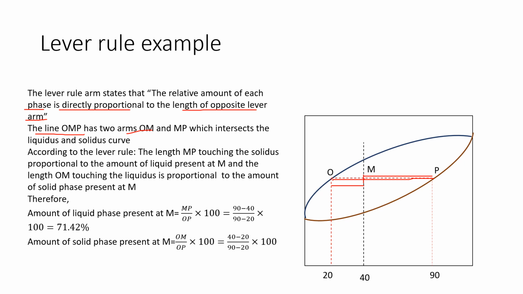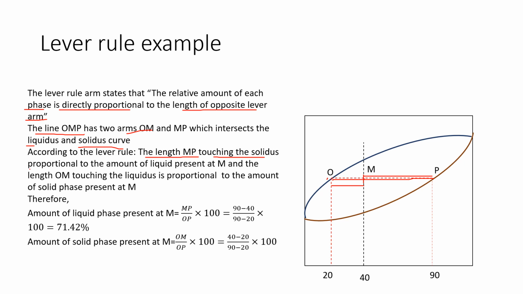The middle point M is the fulcrum between these two segments. The line intersects the liquidus curve at point O and the solidus curve at point P.